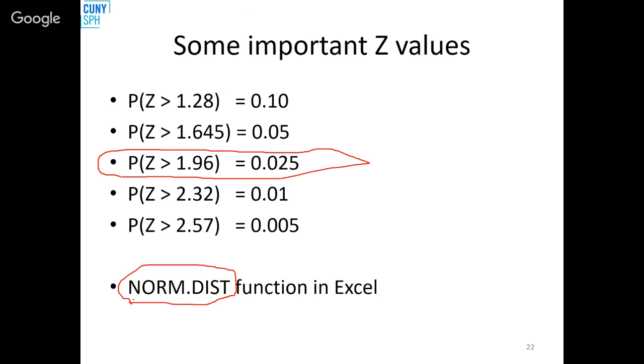There's also one in R, I believe it's pnorm, that does the same thing. So maybe you like using tables, they work perfectly well, but if you prefer using software, it also works.